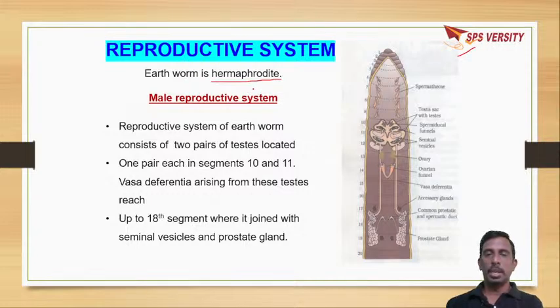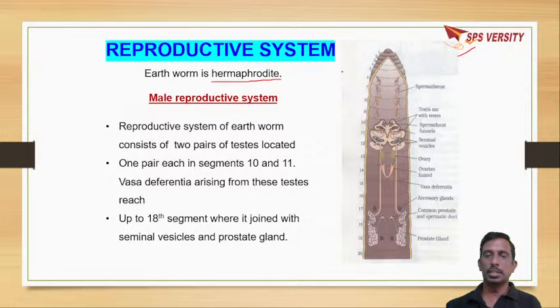When you come to the male reproductive system, there are a pair of testes located in testicular sacs, in the 10th and 11th segments.